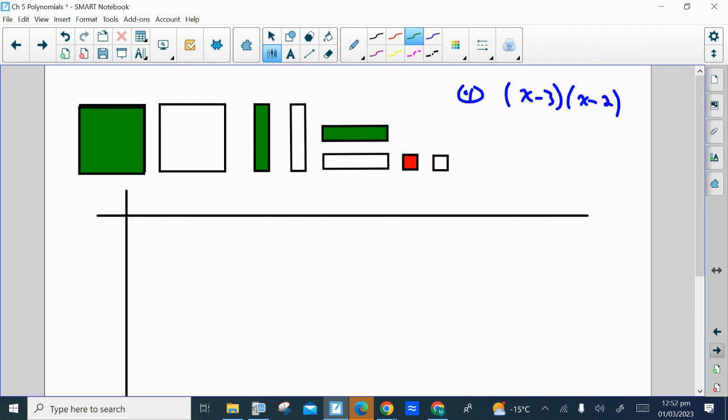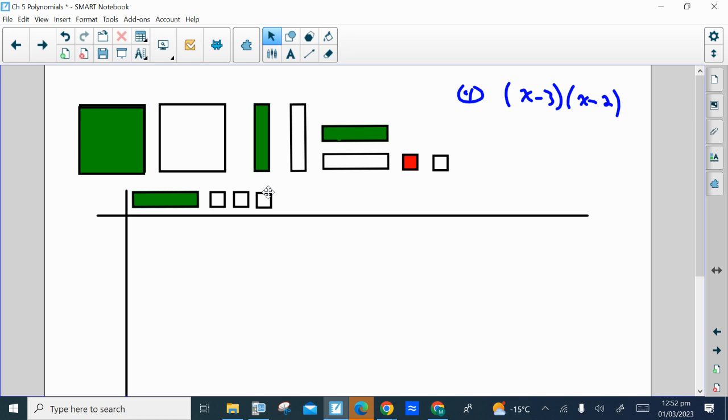Here we're going to multiply x minus 3 by x minus 2. It's a positive x, but negative 3 means we need 3 negative 1 tiles. And on the side, we're going to have a positive x minus 2, so now we need 2 negative 1 tiles.